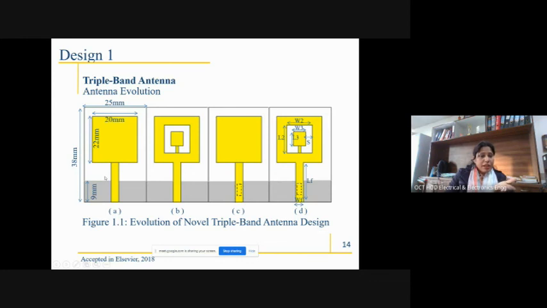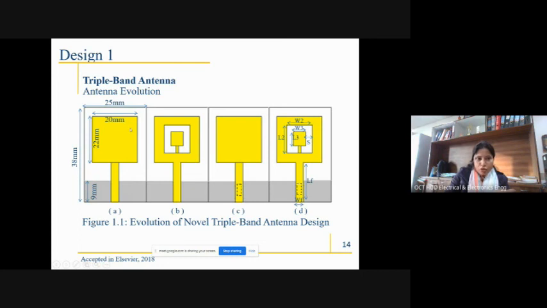We were talking about the ground plane: it's a ground plane, then dielectric material, and then the conducting plane. So this rectangular patch I etched on the conducting plane, and this is the ground plane. Etching is there, and the only length left is 9 mm cross 25 mm in the ground plane. So this is the rectangular patch antenna which gives the frequency 5.2 gigahertz.